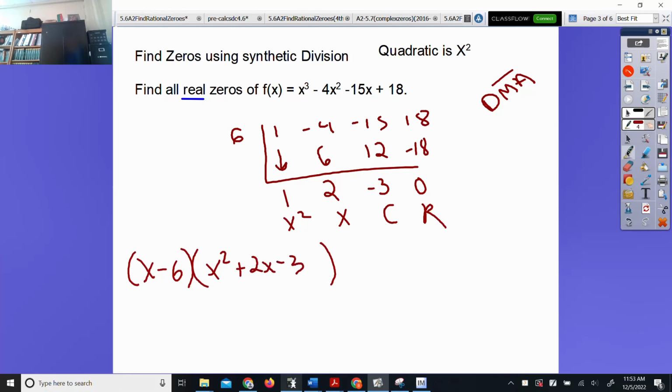By the way, the goal was to find zeros, so equal to 0. Now that you've reduced to a quadratic, if you'll go back and look at that little note that I typed up, it says the goal was to reduce to a quadratic, at which point you can factor or use the quadratic formula. Factoring is fast.